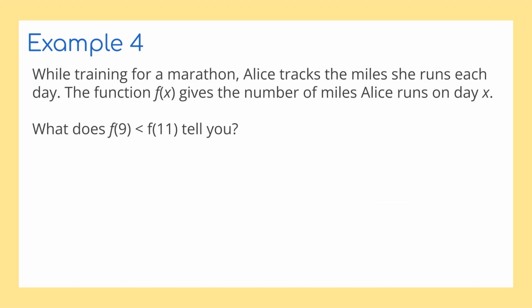For our last example, we're told while training for a marathon, Alice tracks the miles she runs each day. The function f of x gives the number of miles Alice runs on day x. This one is a little different again, in that we are asked what f of 9 is less than f of 11 tells us. We'll again start with some key information. The function f of x gives us the number of miles Alice runs on day x, and we're asked what f of 9 is less than f of 11 means.